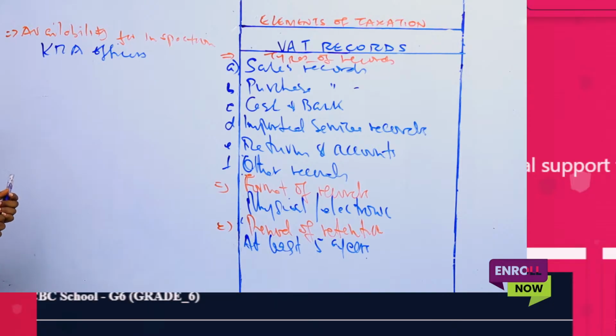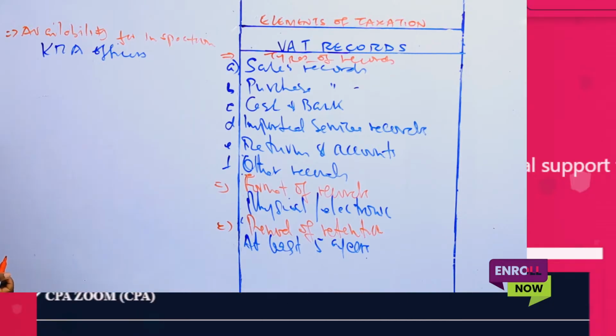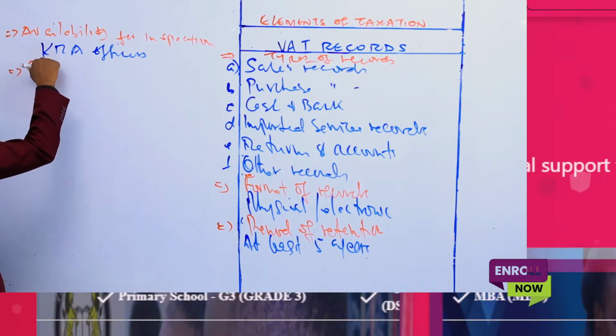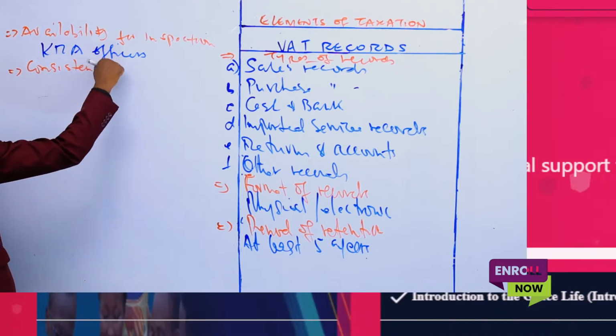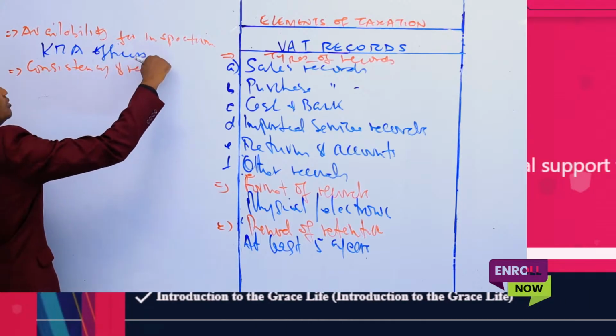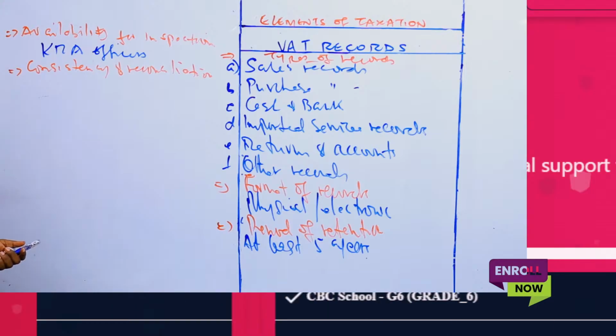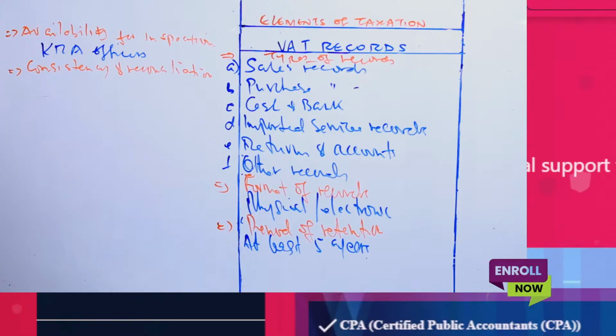Another point in relation to VAT records is consistency and reconciliation. Records should be consistent across various financial documents.